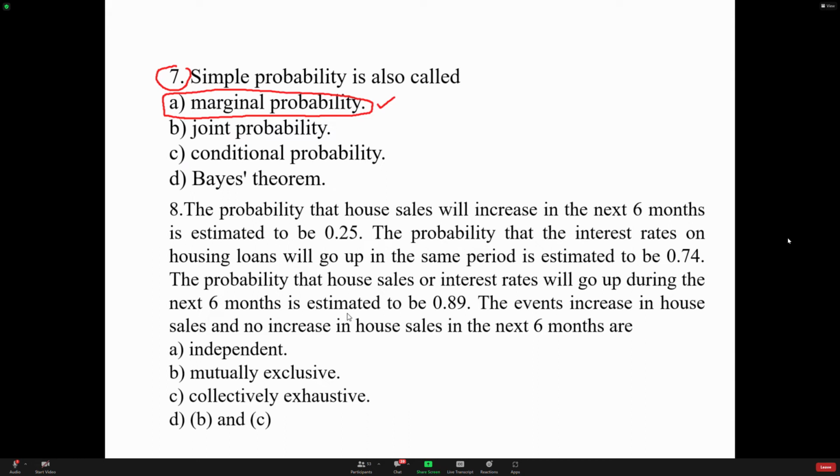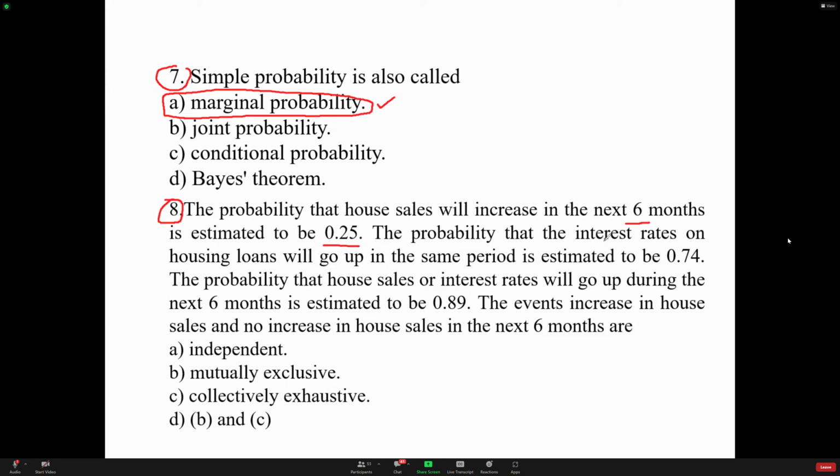Okay. Then question 8 is a descriptive question. Probably take a couple of minutes, go through and then try to answer. The question reads: the probability that house sales will increase in the next 6 months is estimated to be 0.25.